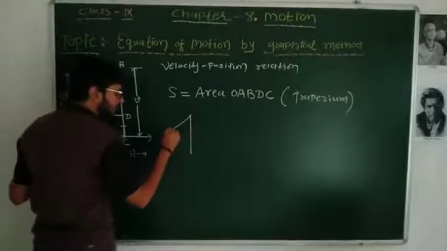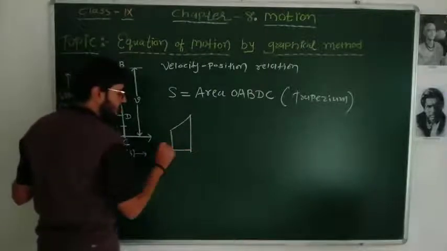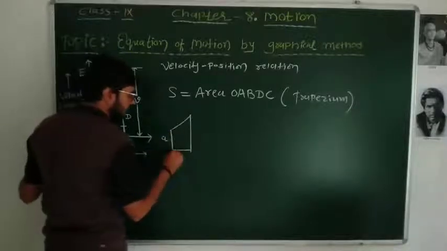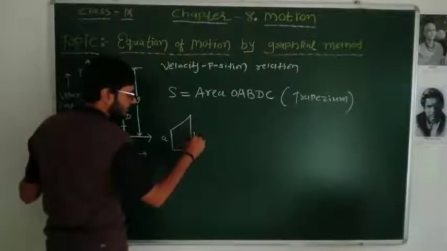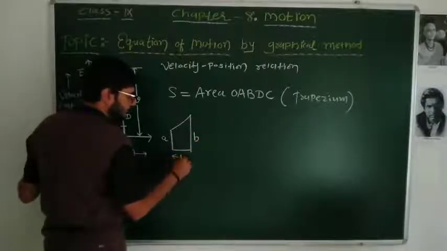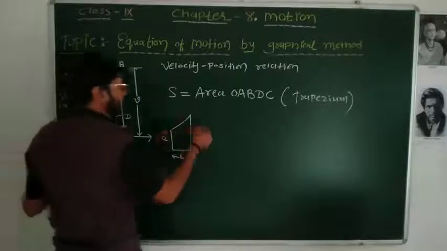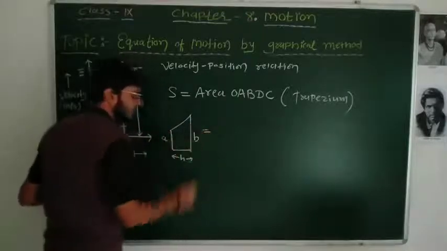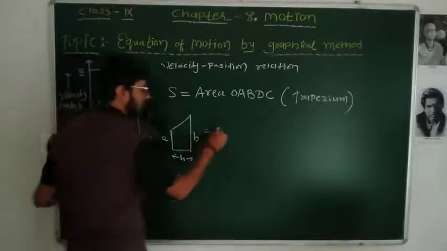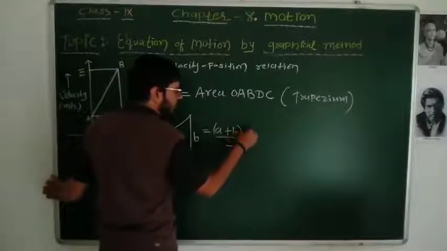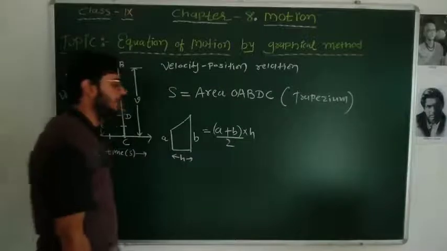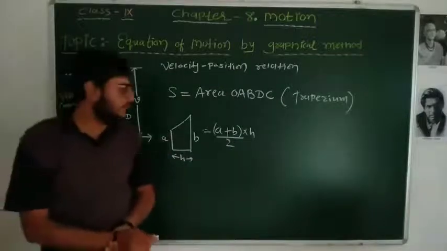The shape is like this: this is a length, this is the breadth, and this is the height. So the area of this trapezium is (a plus b) by 2 multiplied by h. This is how we define the area of a trapezium.